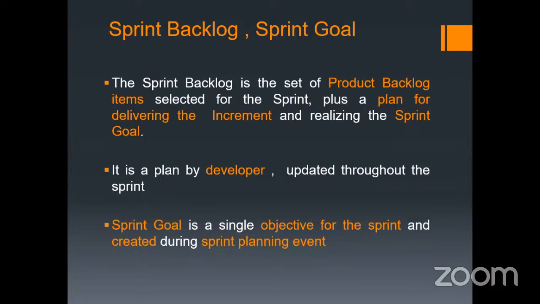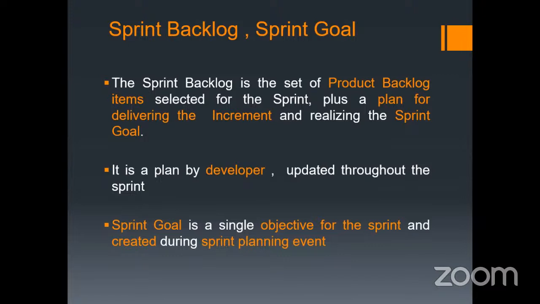Throughout the sprint, the developers will be working to produce a valuable increment in that particular sprint. So the sprint goal is the objective for that sprint. The sprint goal cannot be changed, while the sprint backlog can be changed.